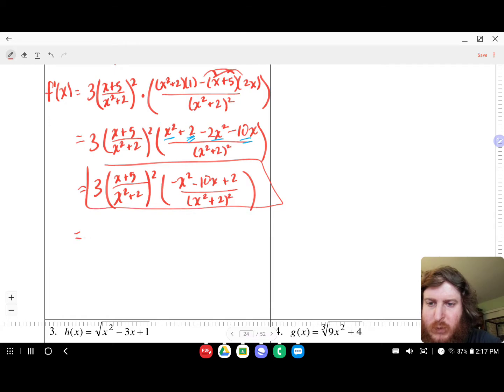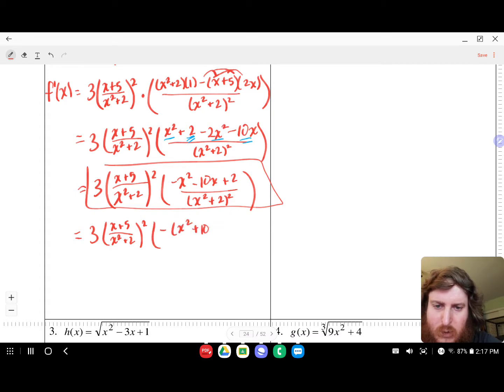Now, if we want to simplify a little bit further, we can factor out a negative. So we get negative x squared plus 10x minus 2.